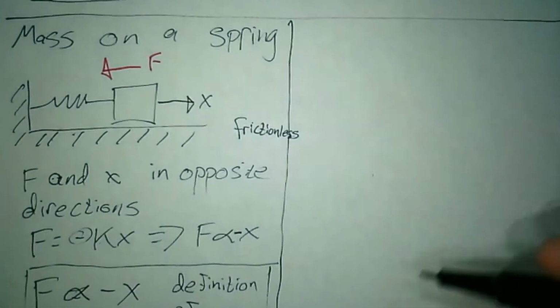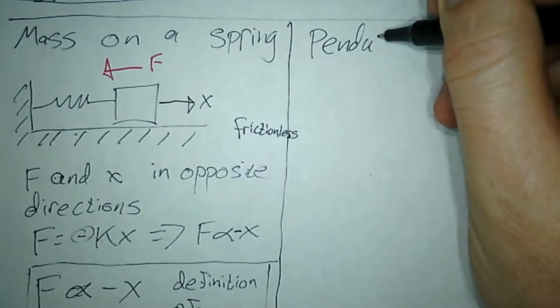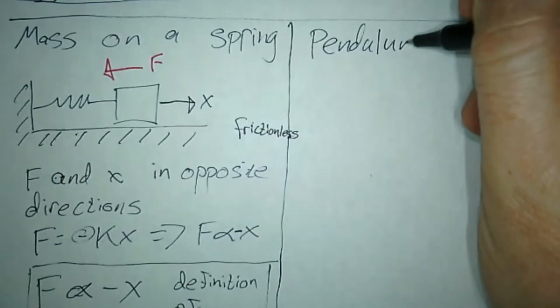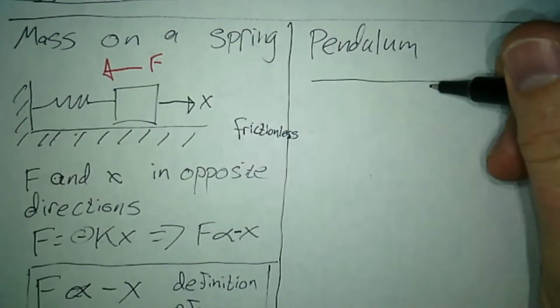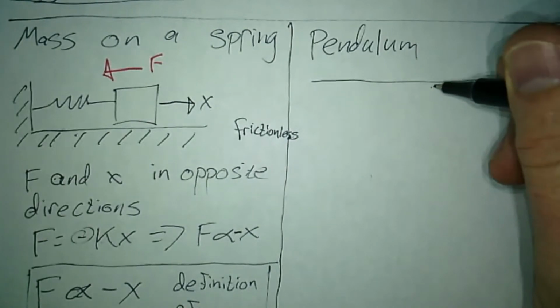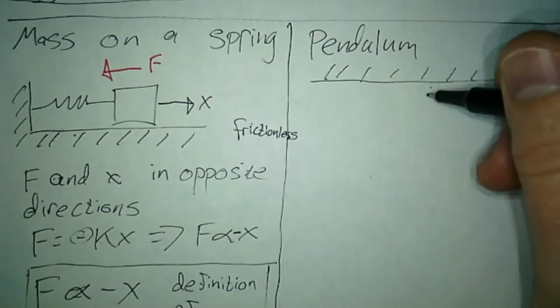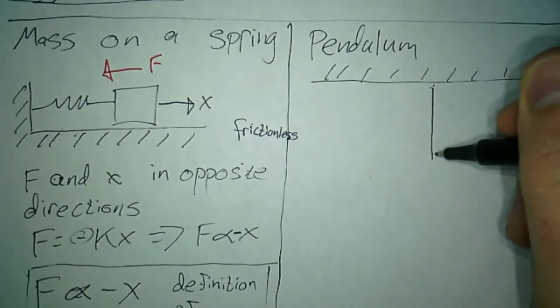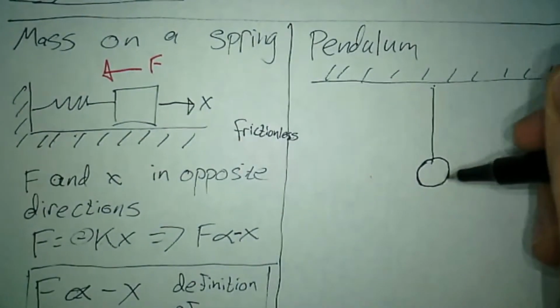So the other classic example we have is pendulums. Pendula, if you want to pluralize it. So you have a roof or something you're hanging it from, and you've got your string and a mass, right? So this is your equilibrium position where it hangs just normally.